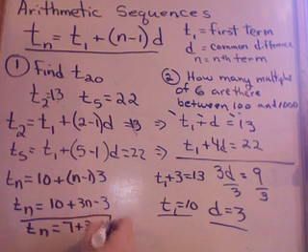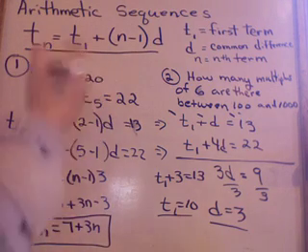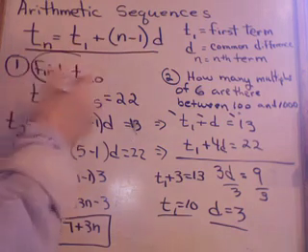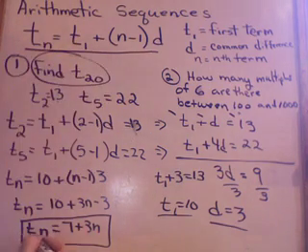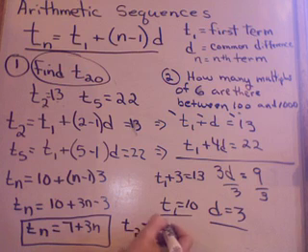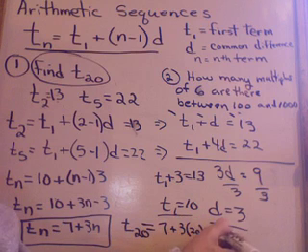Now this general formula can be used to find any term in this sequence. So here is the question, find t20. So just plug it in. t20 equals 7 plus 3 times 20, which is 67.